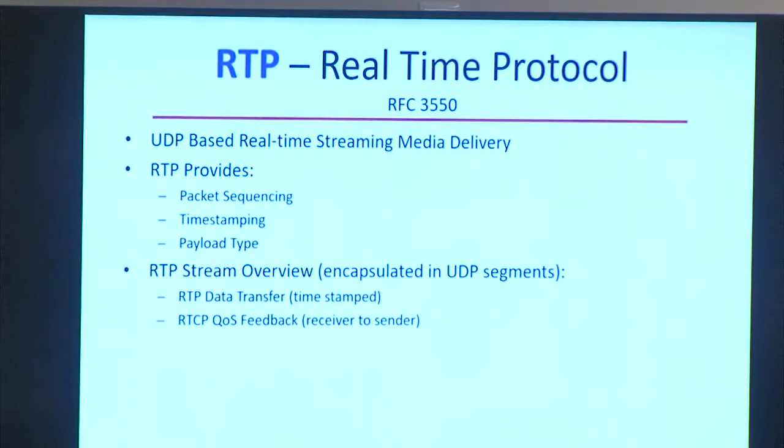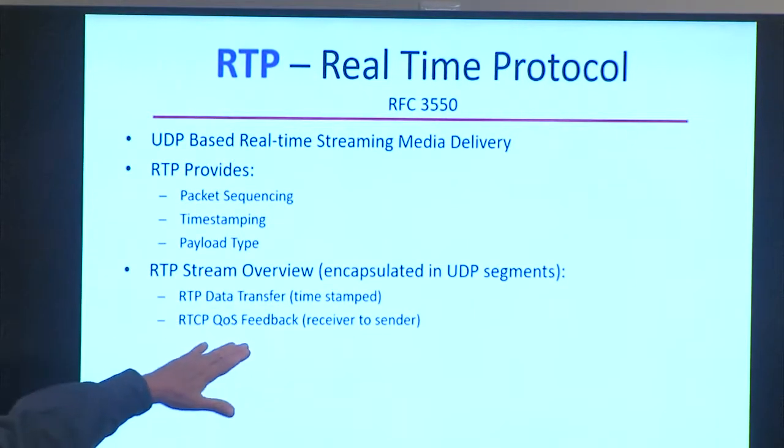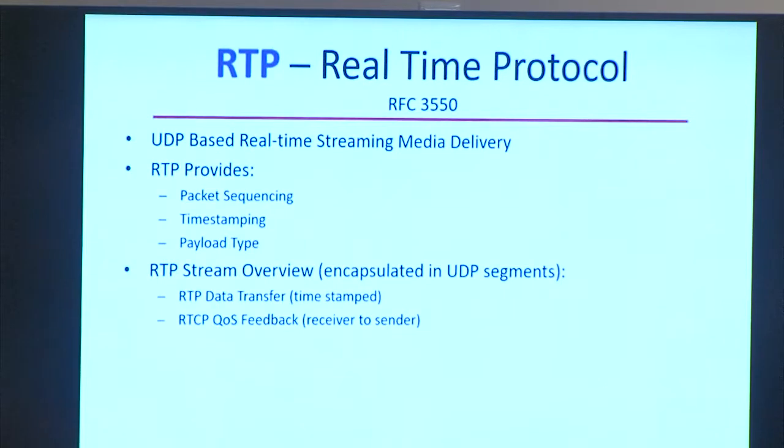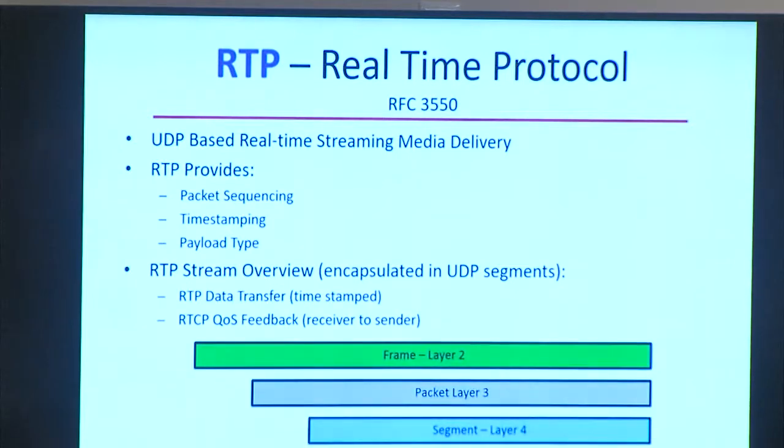It time stamps the data for putting it back together, in some ways similar to the Precision Time Protocol that is time stamping packets. This is time stamping UDP packets so they can be reassembled in the right order. And also it has a feedback mechanism so the receiver can send back performance information to the sending host, which could be maybe slow down, maybe you can speed up, whatever type of information goes back and forth.